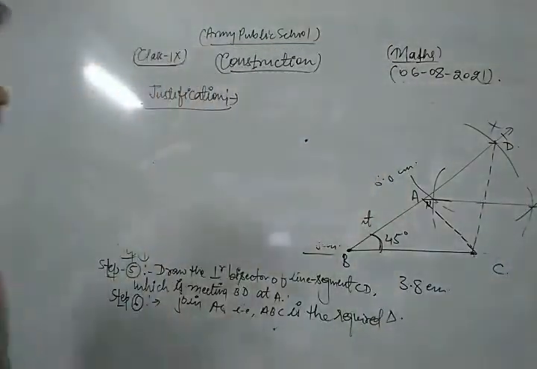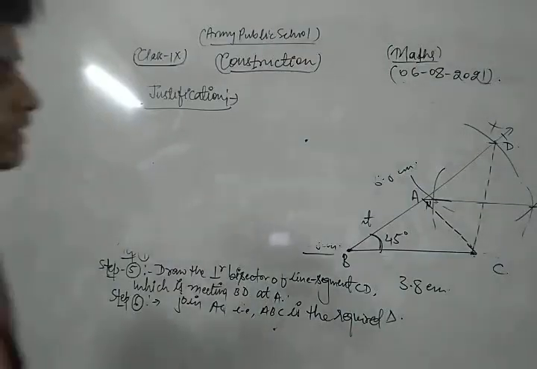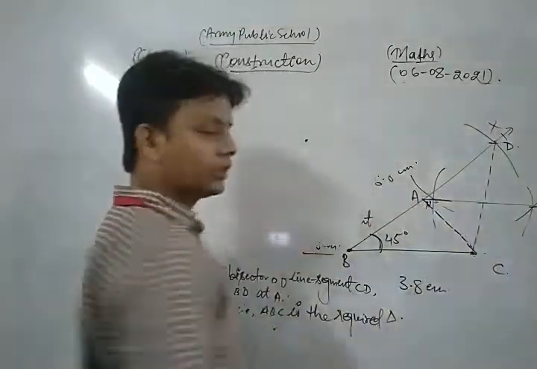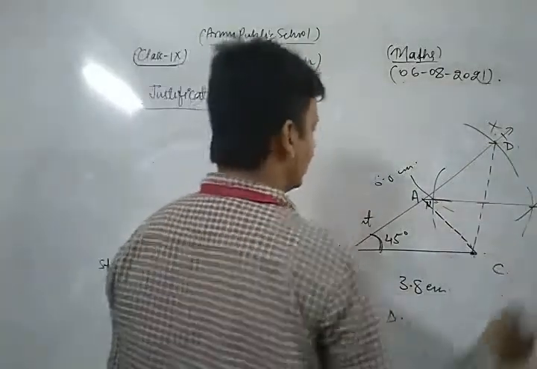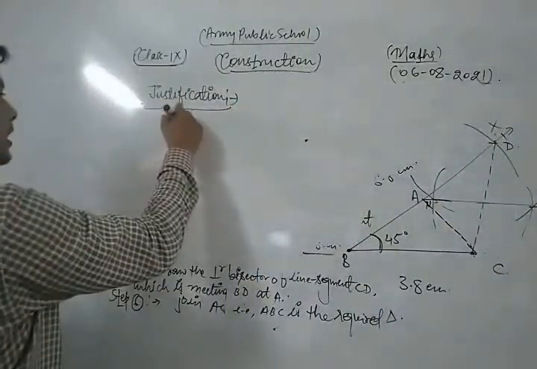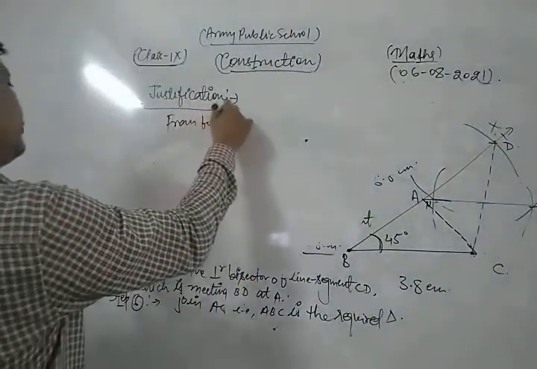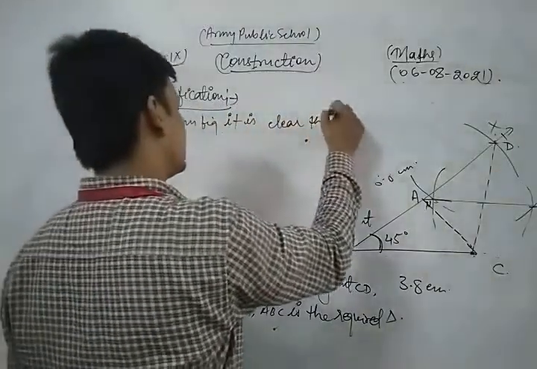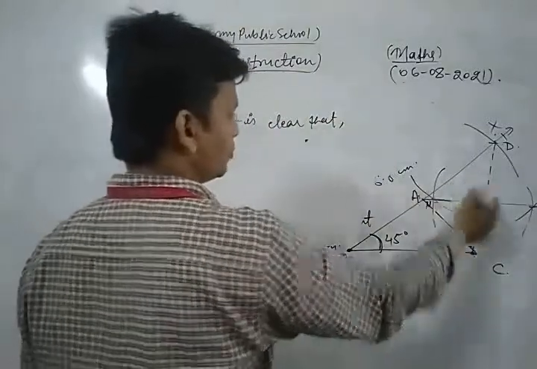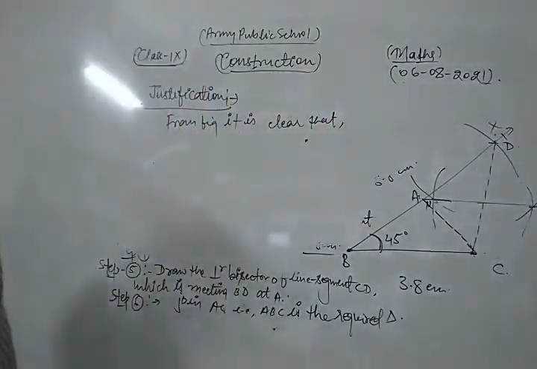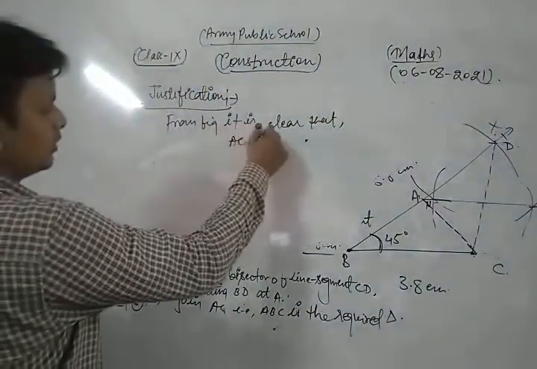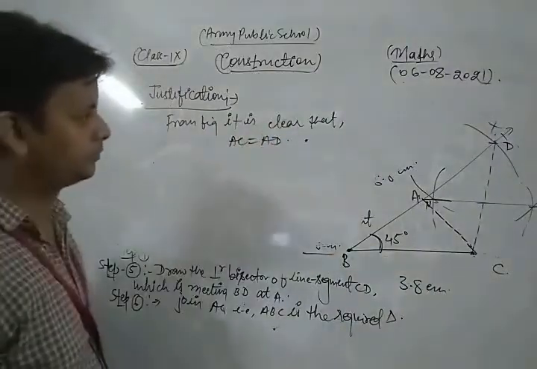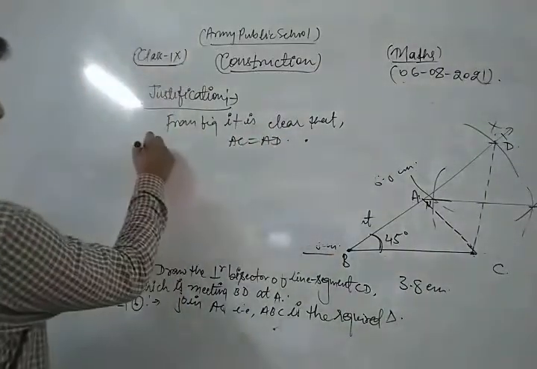It means that side AC is equal to AD, because the point A is on the perpendicular bisector of CD. So from the figure it is clear that AC is equal to AD.